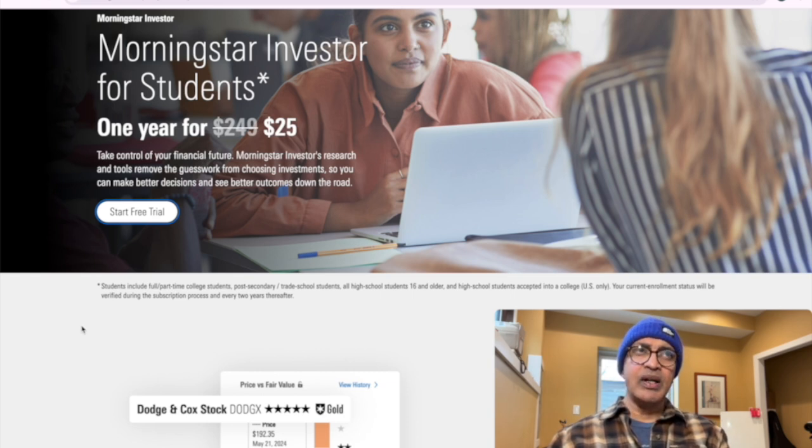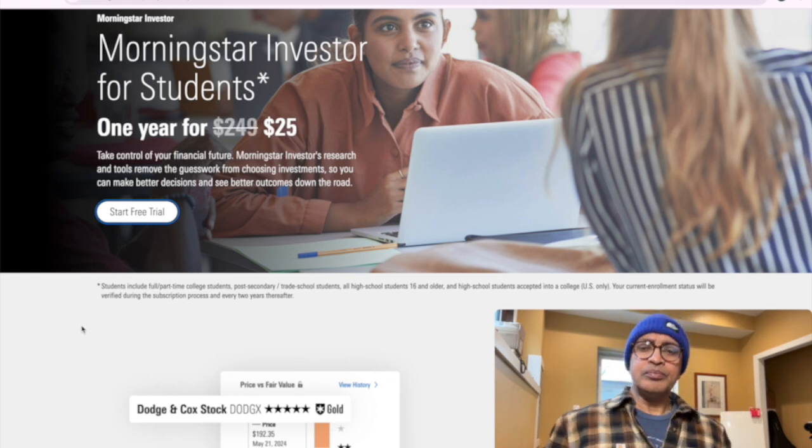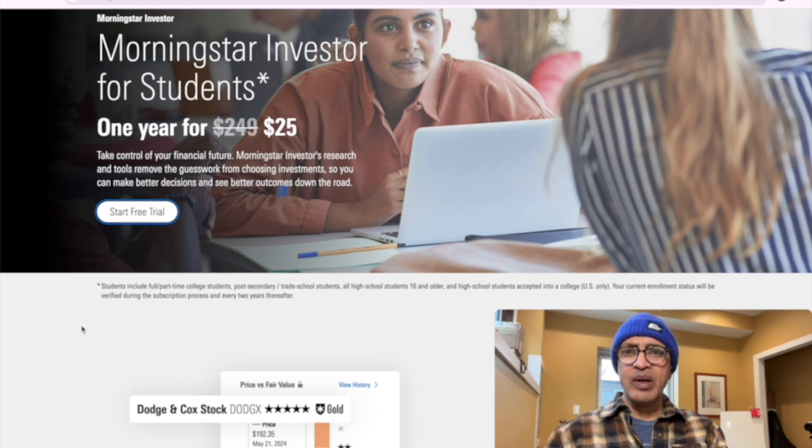They must be, as I said, 16 years or older. So as long as they can prove that they're a student, you can register under their ID and use Morningstar for all your research. So I highly recommend getting one of these.